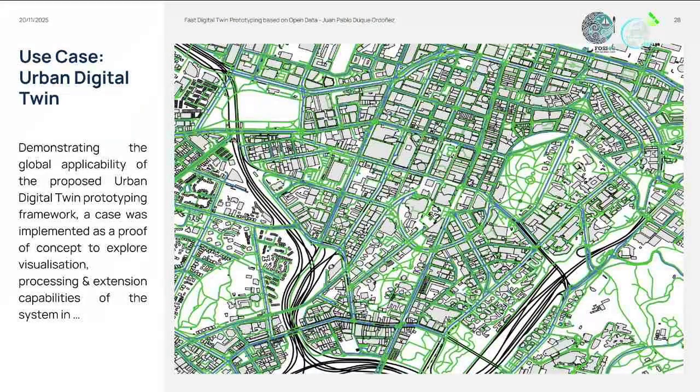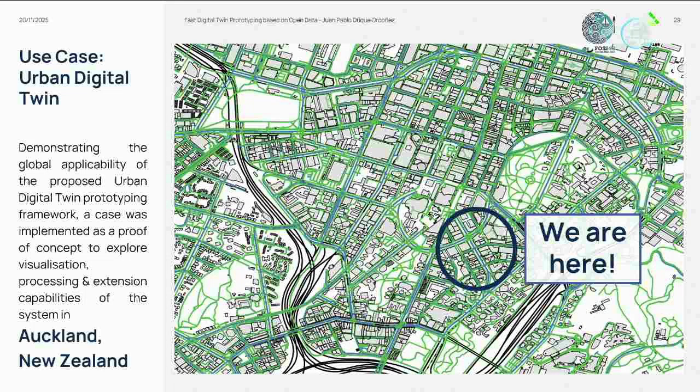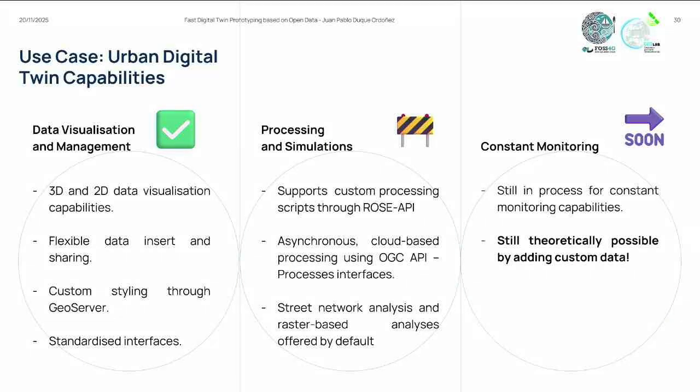Anyone care to guess where this is? Okay, of course, I already spoiled myself, but yes, you are here. It's Auckland. Sorry about that. So we have now created the urban digital twin of Auckland, or at least the urban digital twin prototype of Auckland.